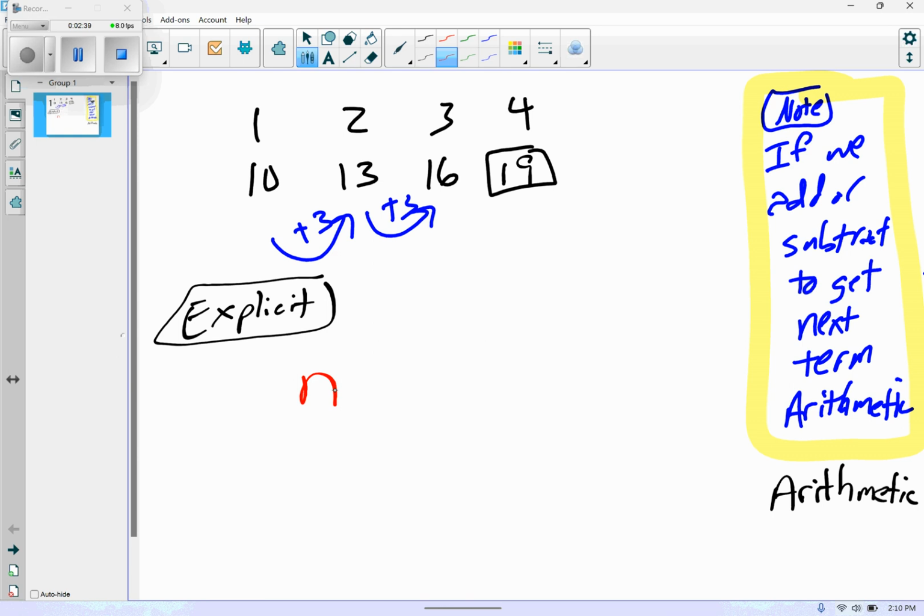No. Okay, so maybe let's just try and make the first term work. If I plug 1 in here, 1 plus 9 is 10. So it works on the first one. If I plug 2 in, 2 plus 9 is 11. It's not the 13. Agree?